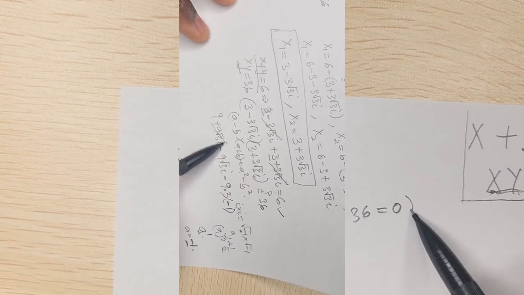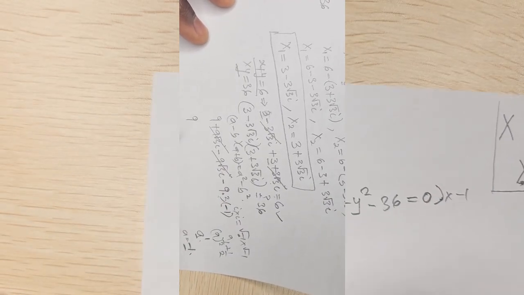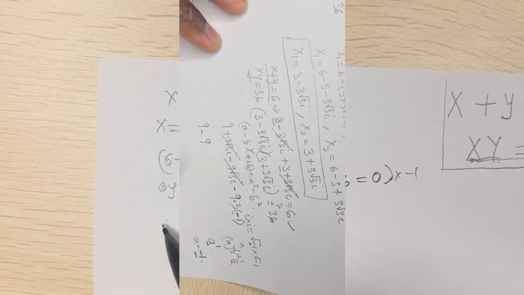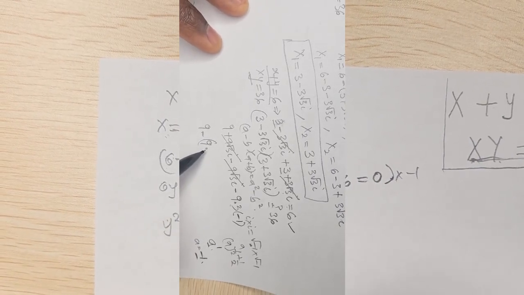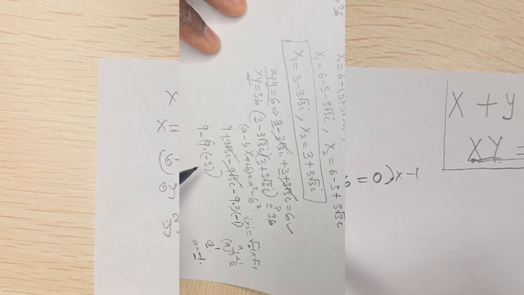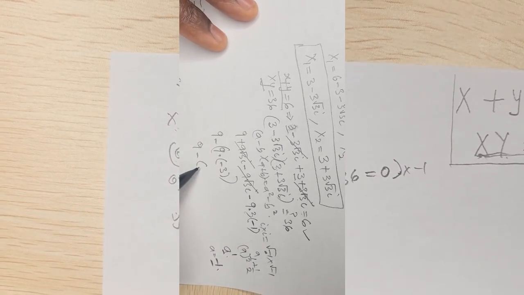We can multiply through to cancel out the minus 1, and we get y squared minus 6y plus 36 equals 0.